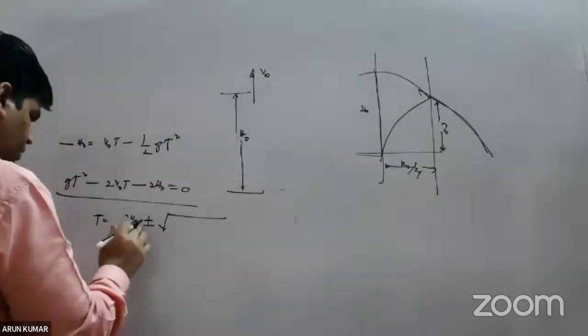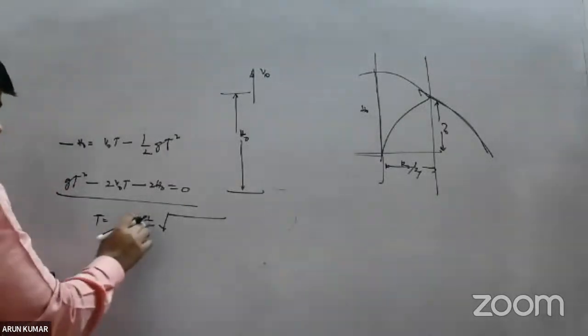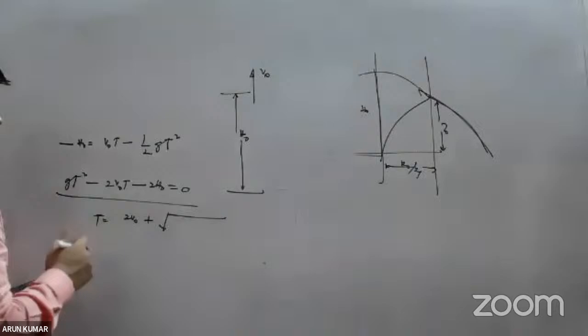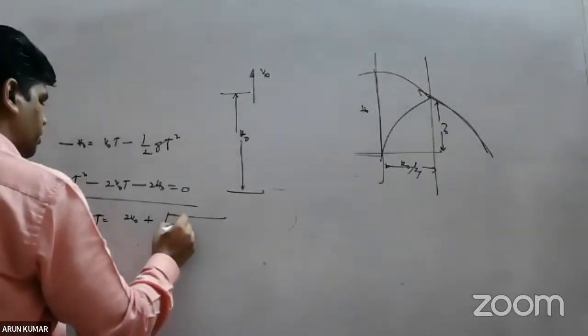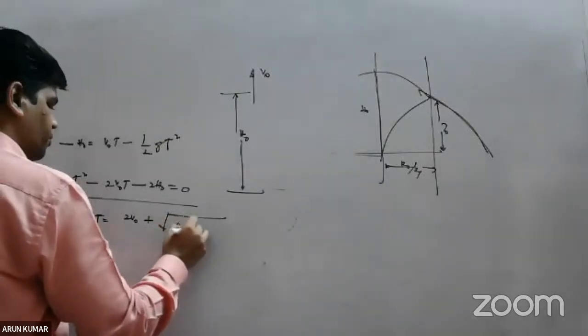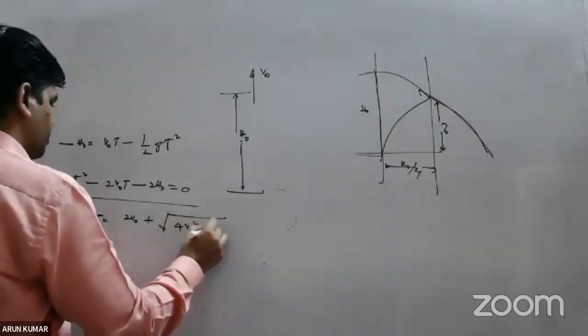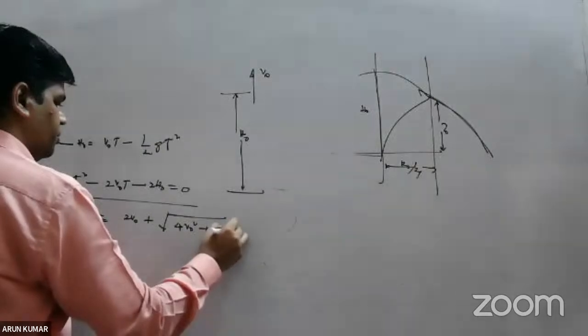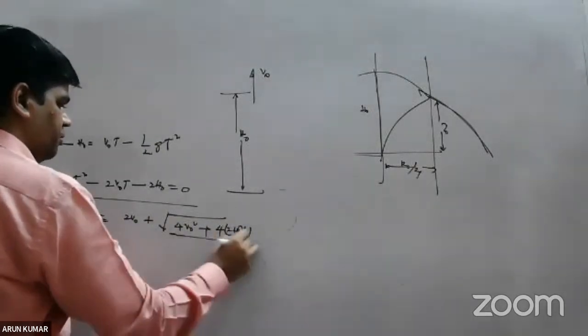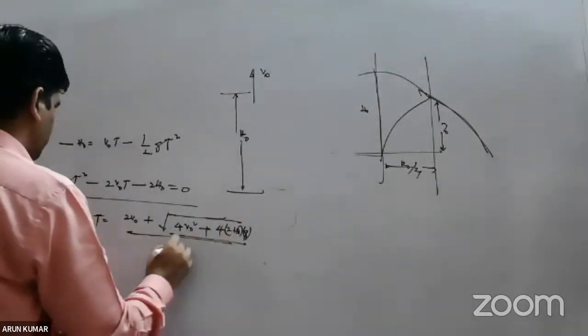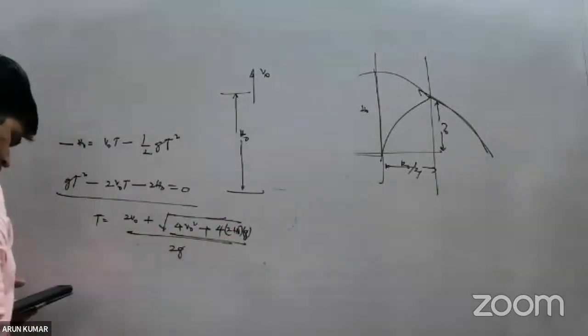I'll ignore the negative sign because it will give a negative time. 4v naught square plus 4 into 2h into g, by 2g.